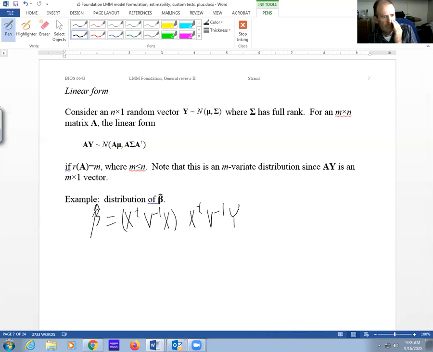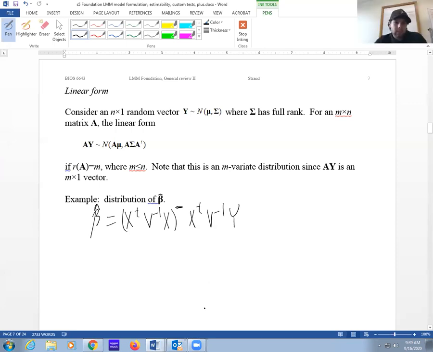It's only an inverse if you have full rank though, right? Your X transpose V inverse X is only an inverse if you have full rank. Based on our model, V is symmetric and always has full rank, so that one we can always write as a true inverse. But the part in the brackets, the dash that I use indicates a generalized inverse.